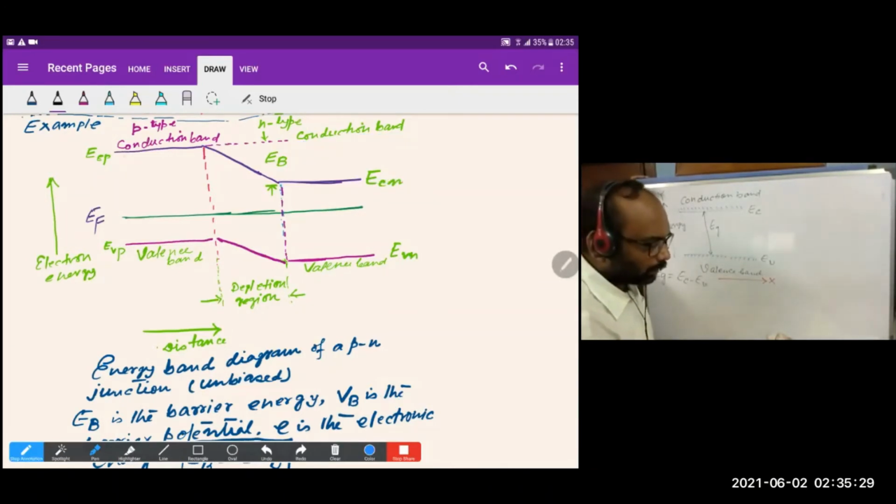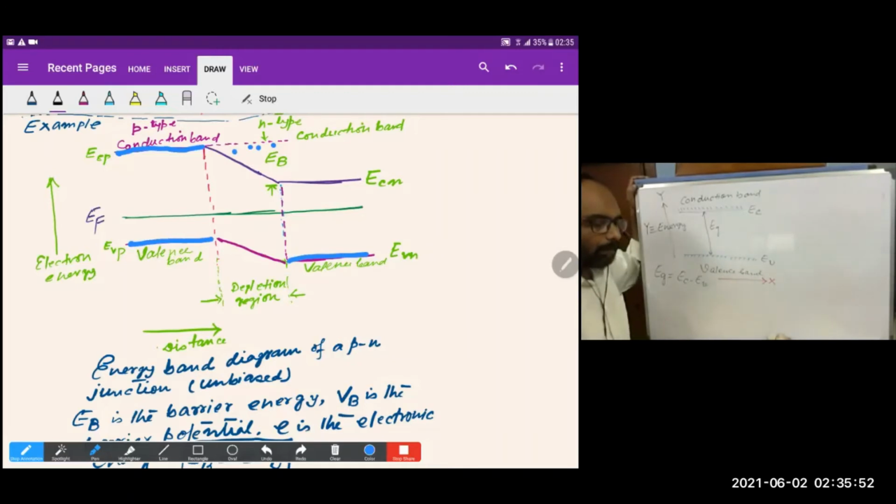So this is my conduction band. This is my valence band of P type, and this is the conduction band, and this one is our valence band of an N type semiconductor.